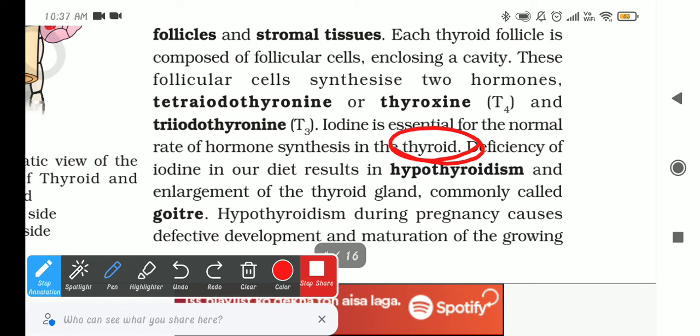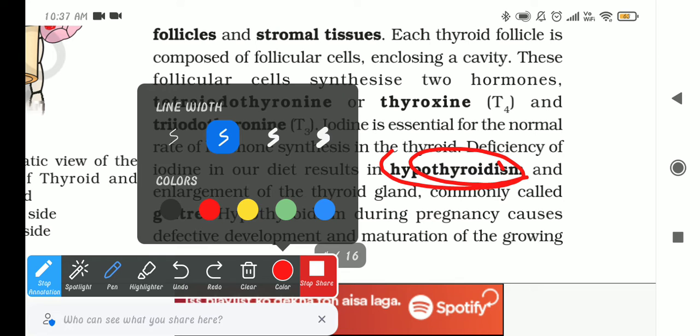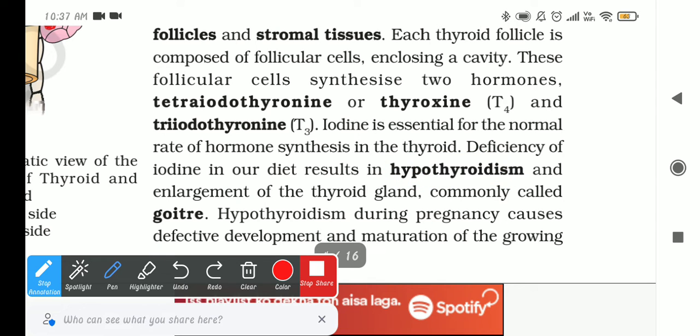And if there is a deficiency of iodine in your diet, it will lead to hypothyroidism and enlargement of your thyroid gland, which is commonly called goitre.